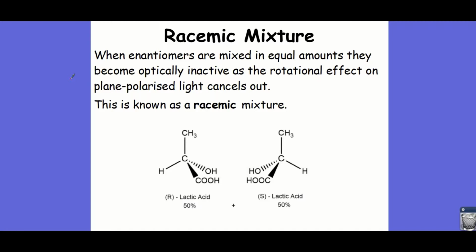This is known as a racemic mixture. So when you have 50% of your R and 50% of your S, that optical activity is cancelled out. As you're working through the revision questions, there are quite a few that involve this idea of a racemic mixture, so just be aware of that.